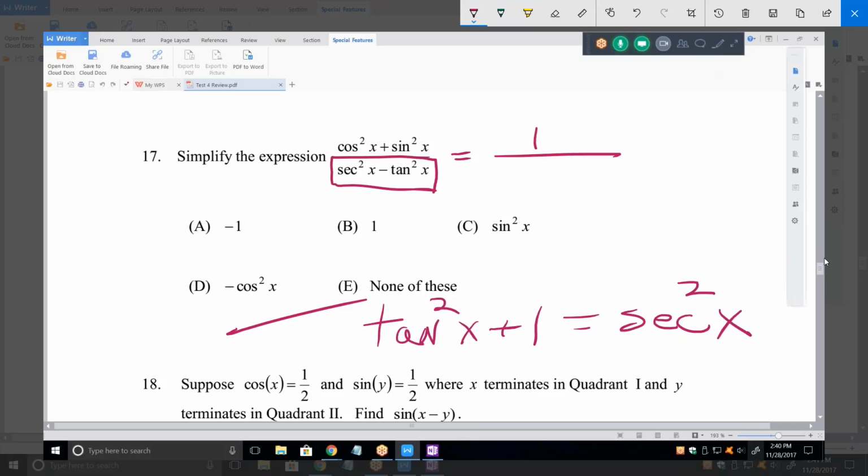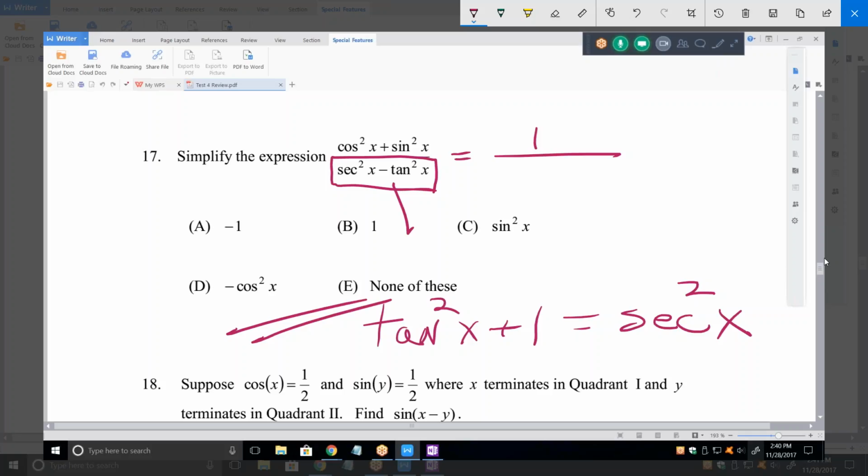What does that equal based on this identity? You got to do the algebra. In other words, you got to make one side look like that. Well, how do you make one side look like that? Subtract it. So what's the answer? What is secant squared minus tangent squared?